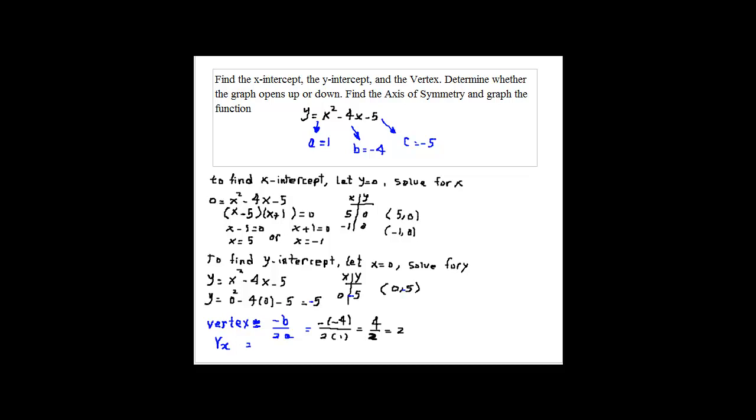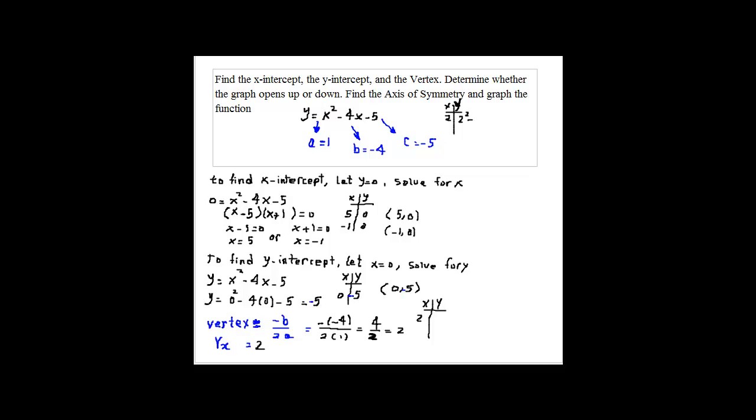Now that we know the x position of the vertex is 2, finding y is pretty simple. When x is equal to 2, we just plug it back into this formula. So if x is equal to 2, we want to know what y is. We substitute 2 for each x, and that will give me the y. Chris, can you tell me what y would be? Minus 9.